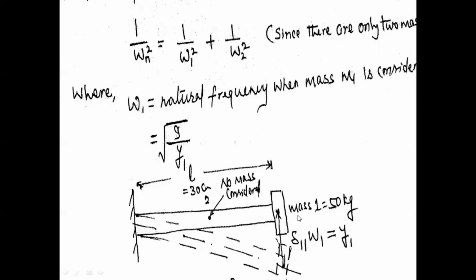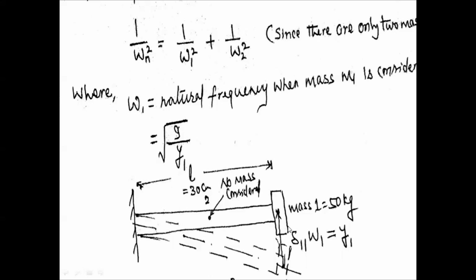So the deflection because of this mass at point 1 would be given as delta 1 1. And from strength of materials formula, we know the deflection for a cantilever beam when mass m1 is acting is given as L cube divided by 3EI.